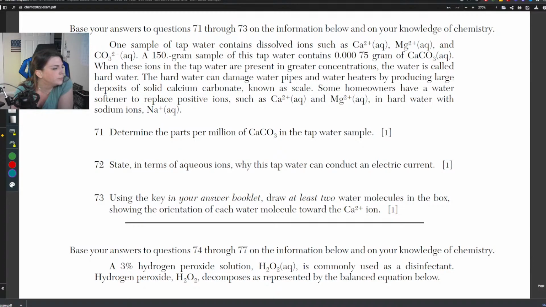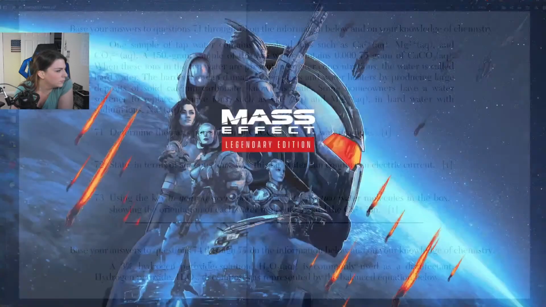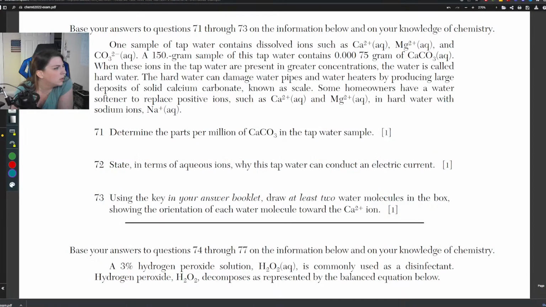Ooh. Some homeowners have a water softener to replace positive ions, such as calcium and magnesium in hard water, with sodium ions. Determine the parts per million of the calcium carbonate in the tap water sample. Weird. Okay.